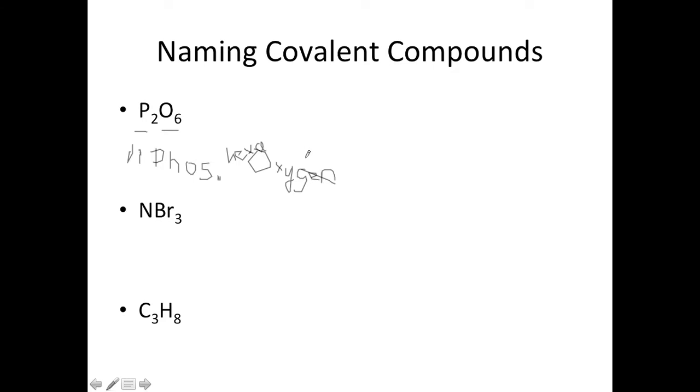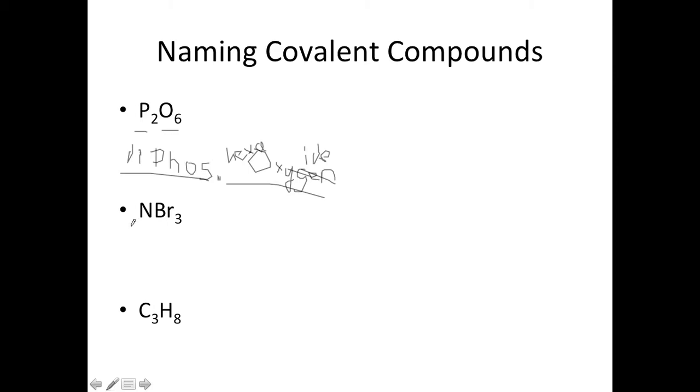Cross out the last name and put I, D, E, and oxygen is a little funny, it crossed out the Y too. And so I'm going to have diphosphorus hexaoxide. Fairly easy to name these, if you can look in the periodic table and figure out what the elements are and use the prefixes.